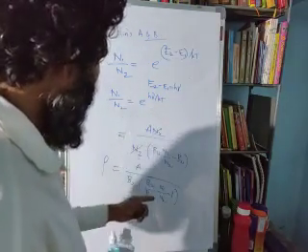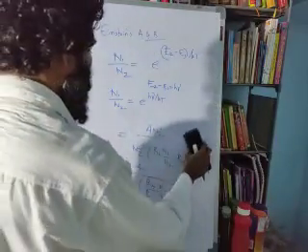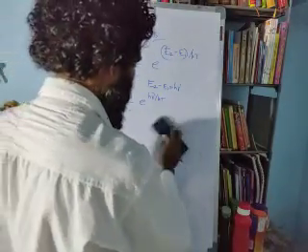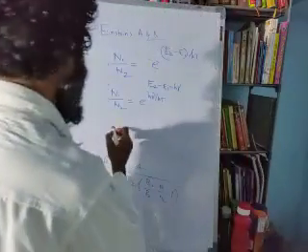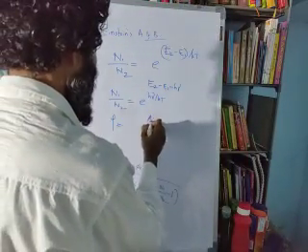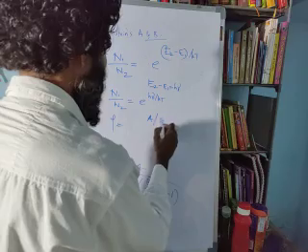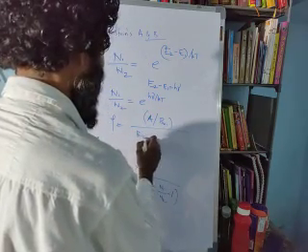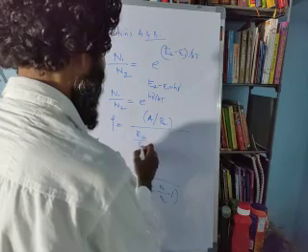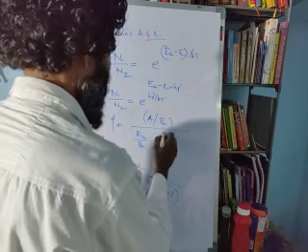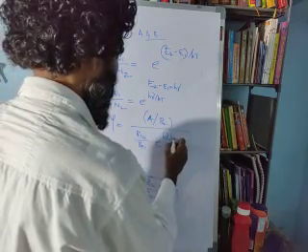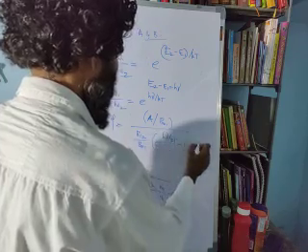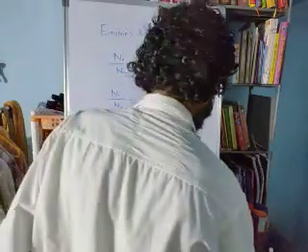If you use this fact in this expression for rho, then we can write the spectral energy density rho as A divided by B21, and the whole thing divided by (B12 divided by B21 into exponential h nu by kT minus 1). So this is what we can write.